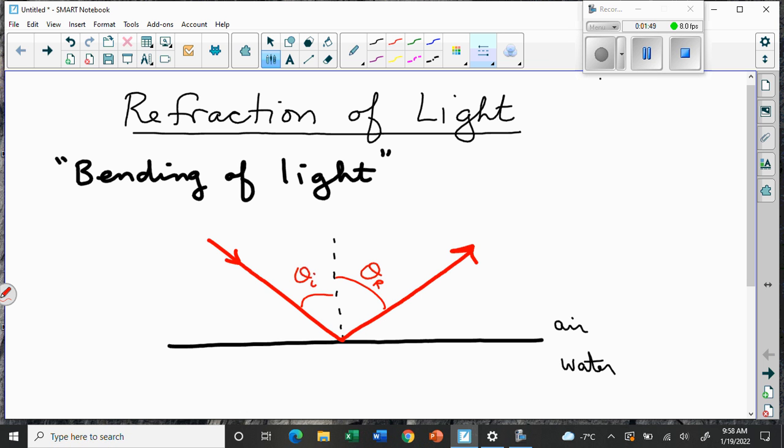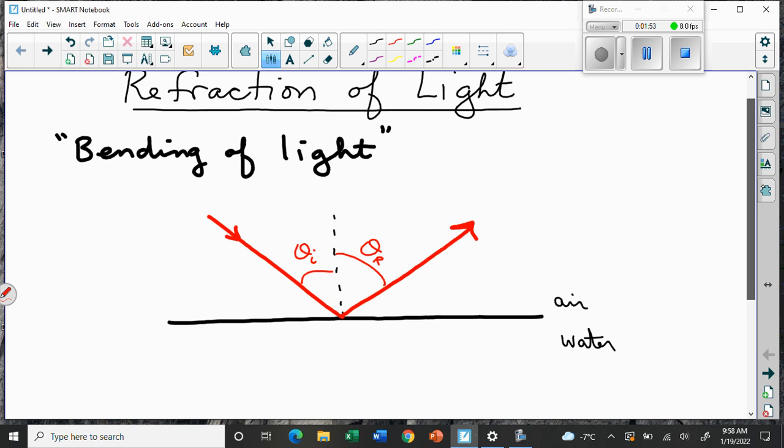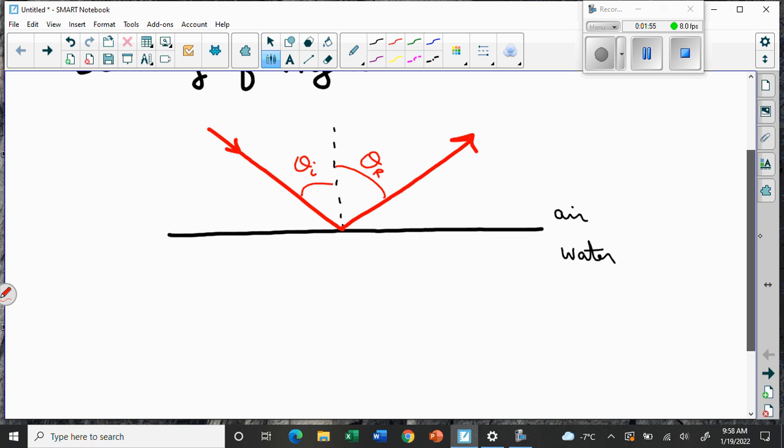Now, the other thing that happens is that, because water and air are both transparent, the light can also go through. So I'm going to take my normal and extend it down here like this. So what actually happens is only some of the light reflects, but some of the light goes through into the water. I'll use a different color for that just to highlight it, but it goes through on a different course.